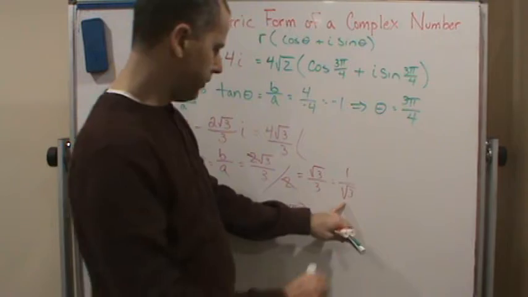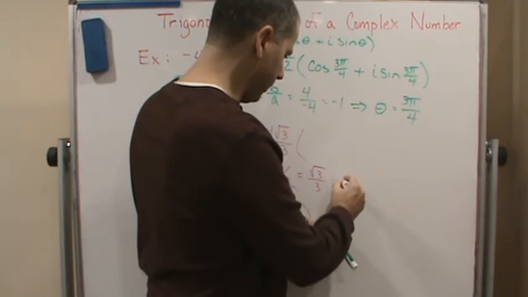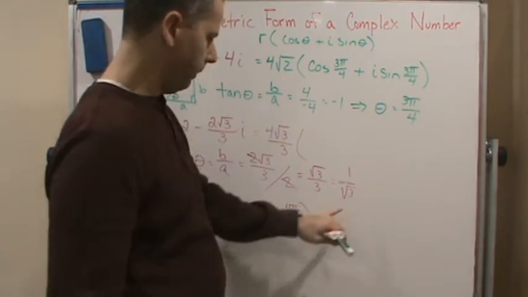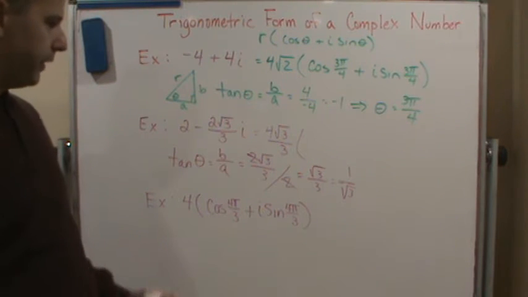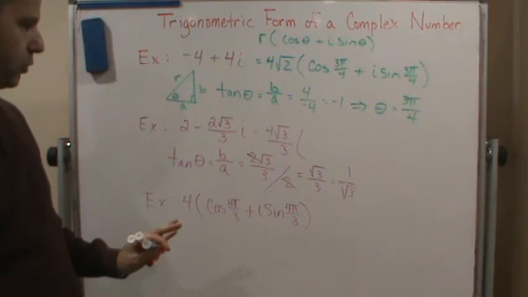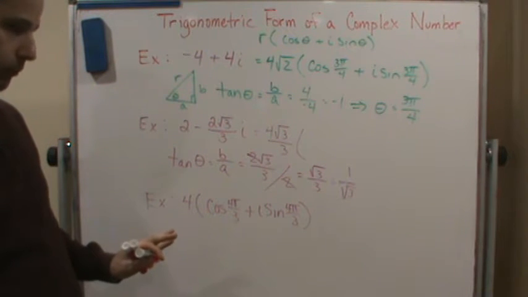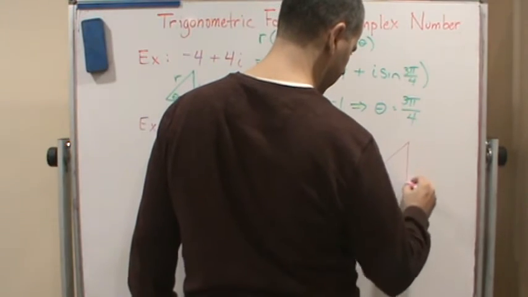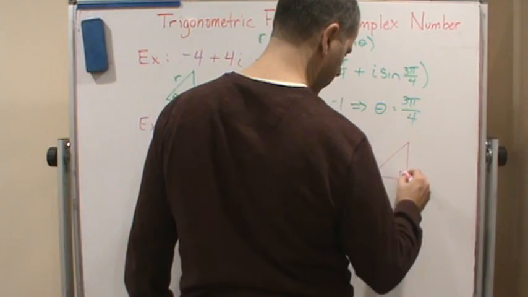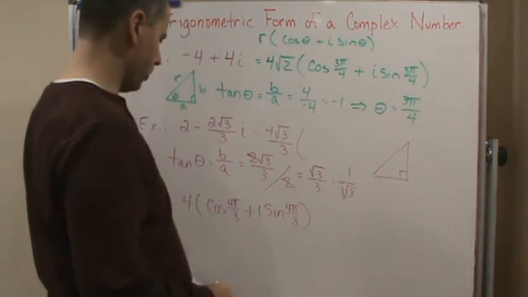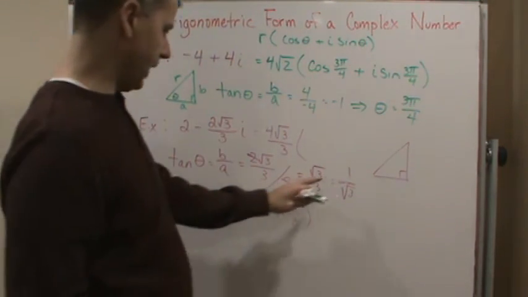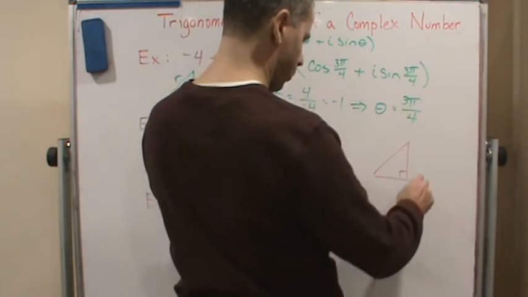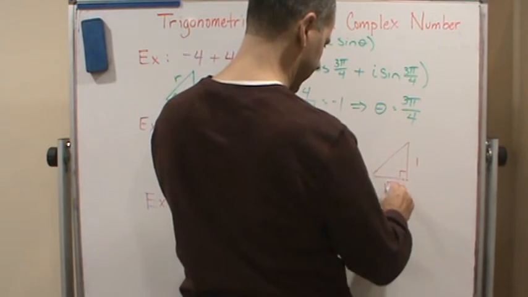So if you remember, this is like the unit circle, right? So if you're thinking of the unit circle, 1 over the square root of 3, right, is what kind of triangle? That's a 30, 60, 90 triangle. Okay? And we're talking about tangent, so the opposite over adjacent is 1 over the square root of 3.